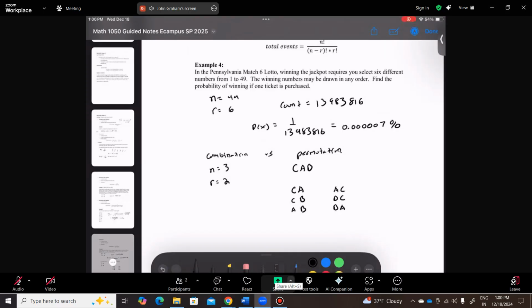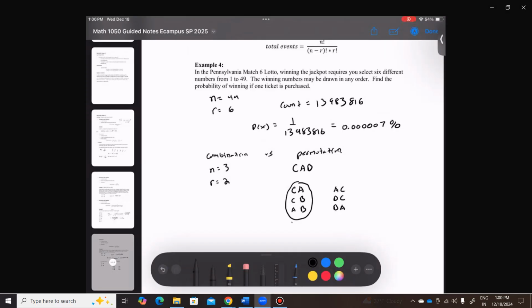Okay, here is our combination: CA, CB, AB. AC is just CA written backwards. BC is just CB written backwards, and BA is just AB written backwards.